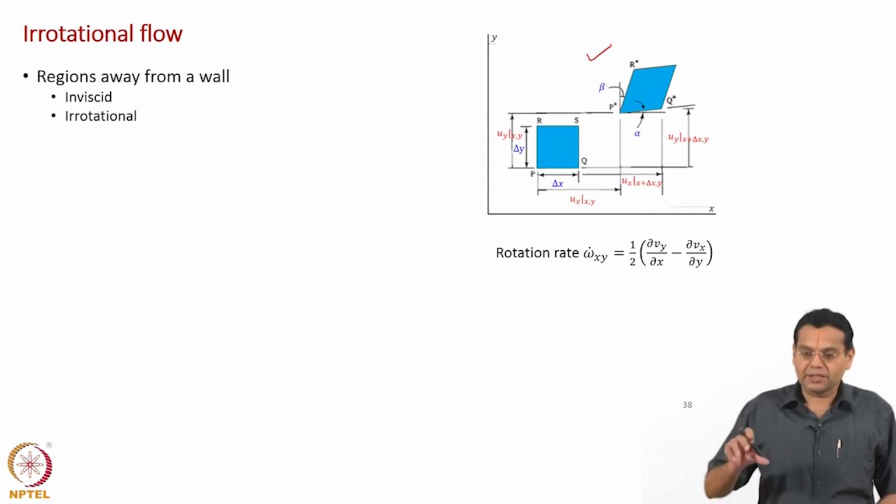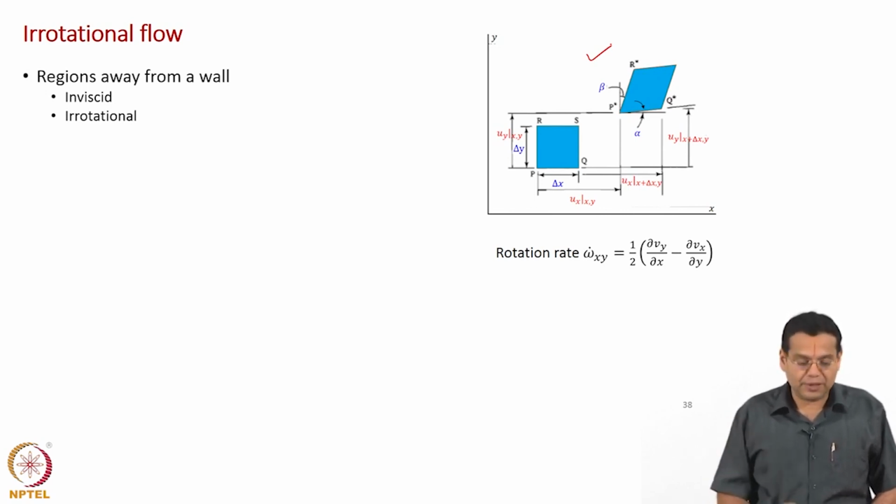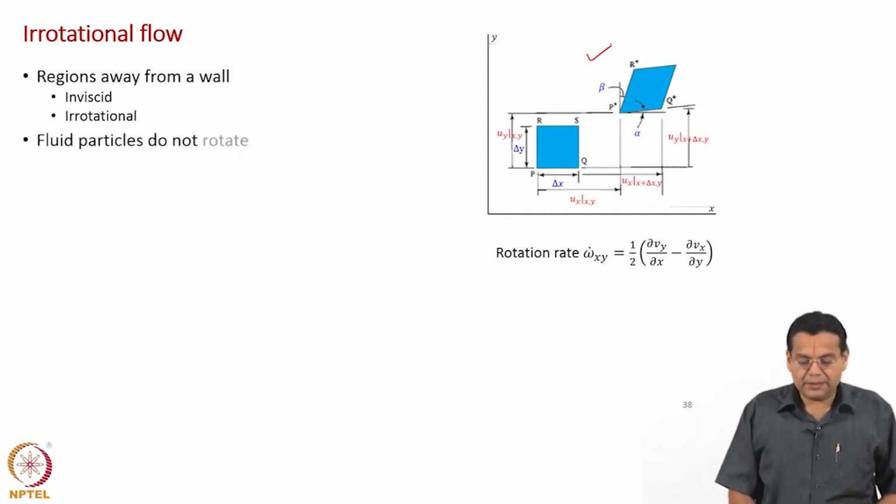When we say rotation, we mean rigid body rotation. There can be change in length and change in angle, which means non-zero normal strain rate and non-zero shear strain rate, but rotation is 0. That is what we mean by irrotational. Fluid particles do not rotate.